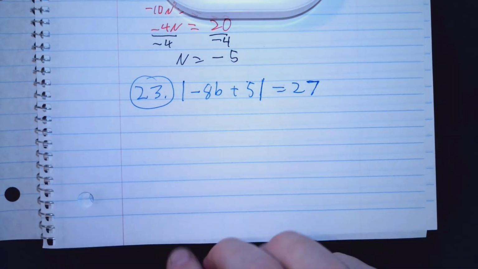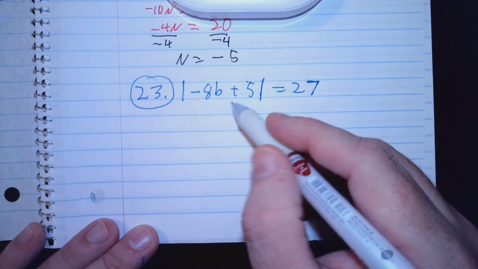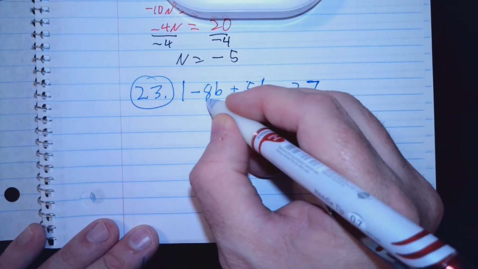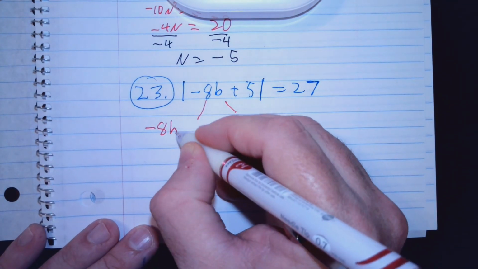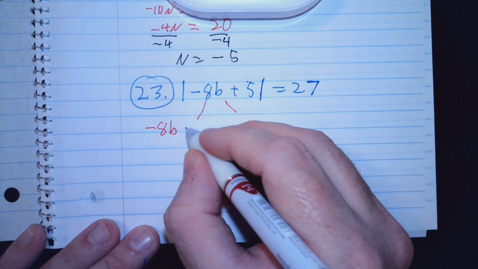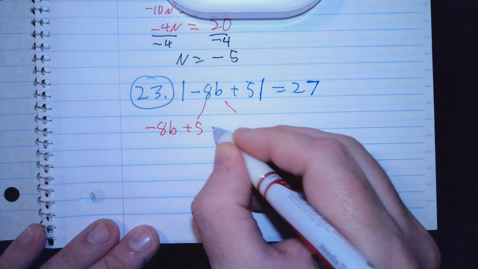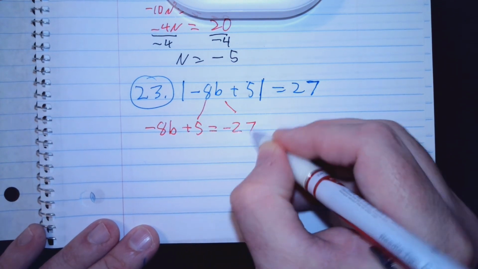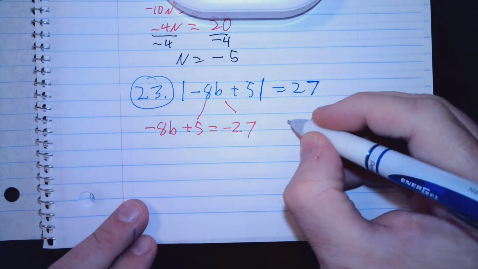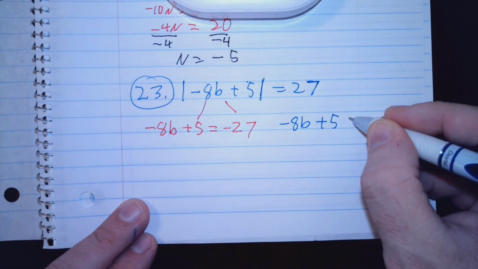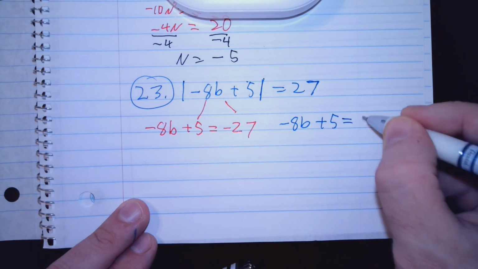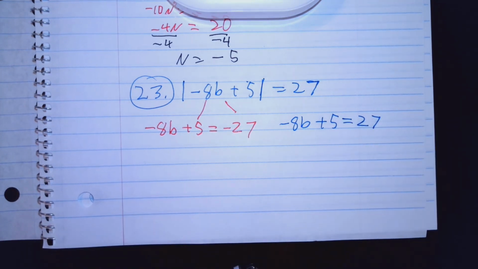All right, absolute value. We know we're going to have a left answer and a right answer, so I'm going to split this up. I'm going to have -8b plus 5 equals -27. I'm going to have the right answer, -8b plus 5 equals 27. Okay, let's just go ahead and solve that all the way out.